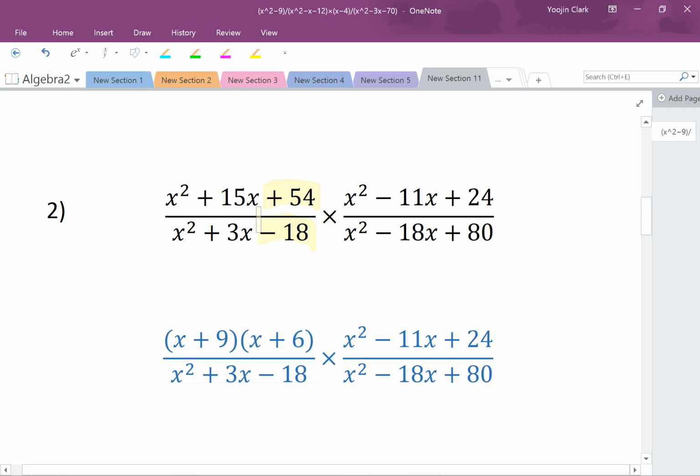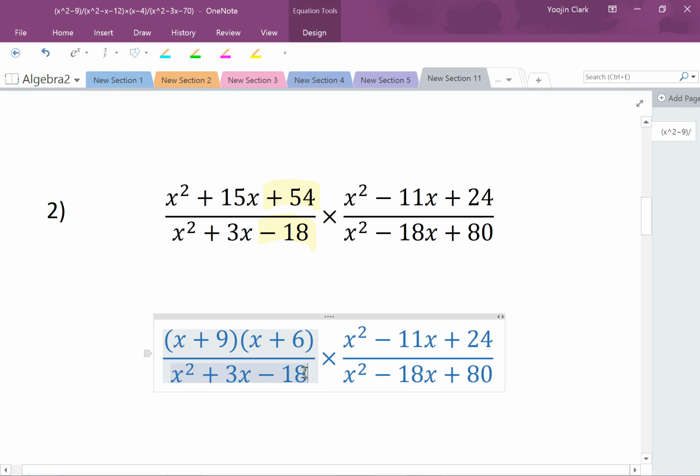Minus 18, 2 factors of 18 whose difference is 3, so that's 6 and 3. So you check, you say 6 minus 3 is positive 3. That looks pretty good. How about this one over here?